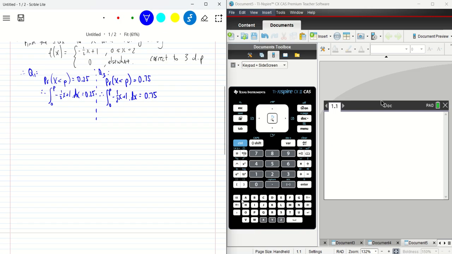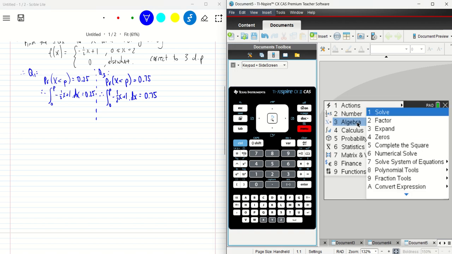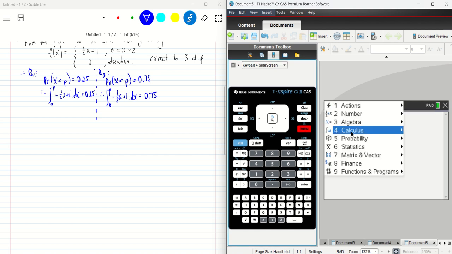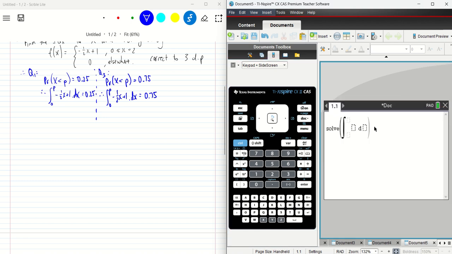So let's go to our CAS and we'll go menu, algebra, solve, and we're going to solve the integral between 0 and p of my function, negative half x plus 1, dx, equal to 0.25.